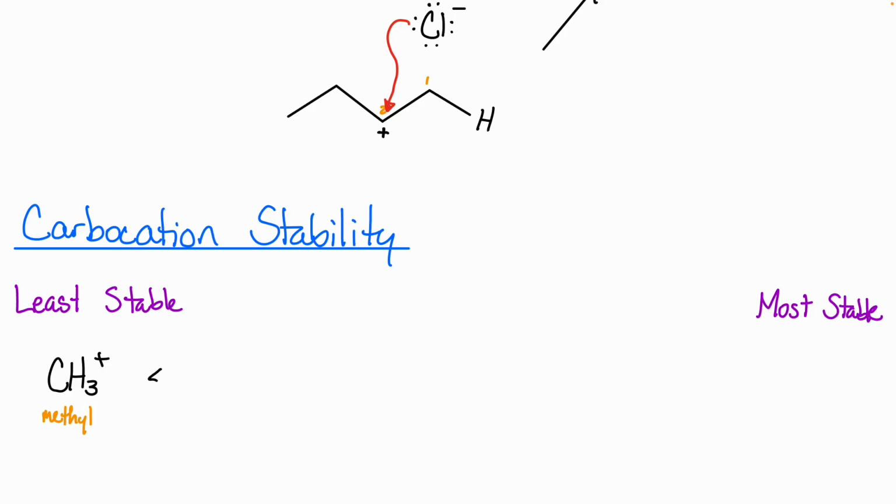So the next most stable here, or least stable, would be a primary carbocation, followed by a secondary carbocation. All right, and then lastly, at least from what we've learned in the previous semester, the most stable carbocation we can have is a tertiary carbocation.